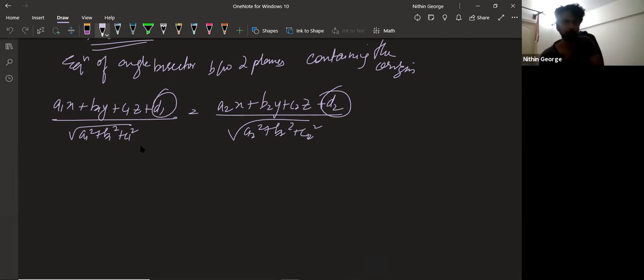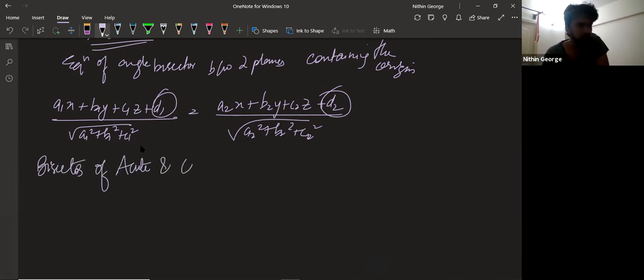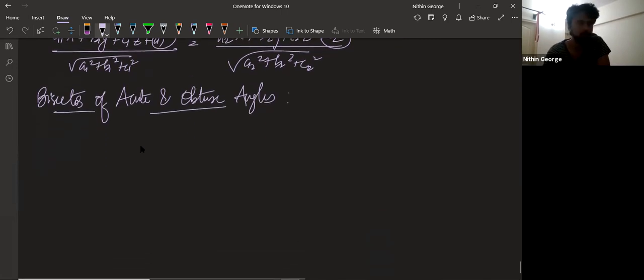Then this you need to remember. The bisector of acute and obtuse angles between two planes. So the steps are these. First is make d1 and d2 greater than 0.